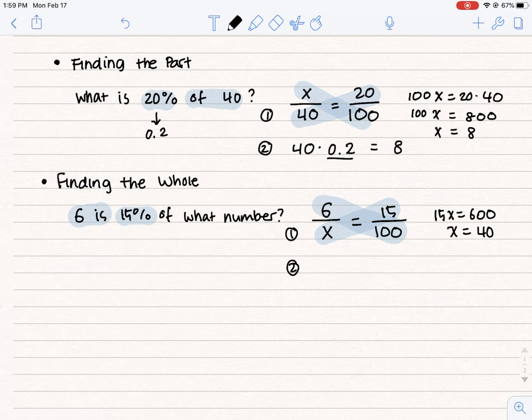And then for the second way, what you can do is set up an equation like this. 6 is 0.15, because whenever I use the second way, I always have to change the percentage into decimals.